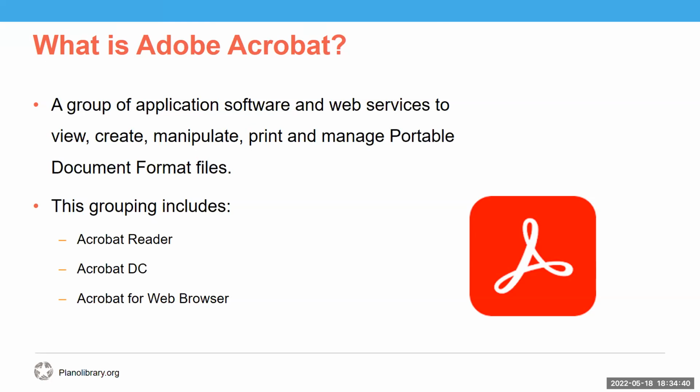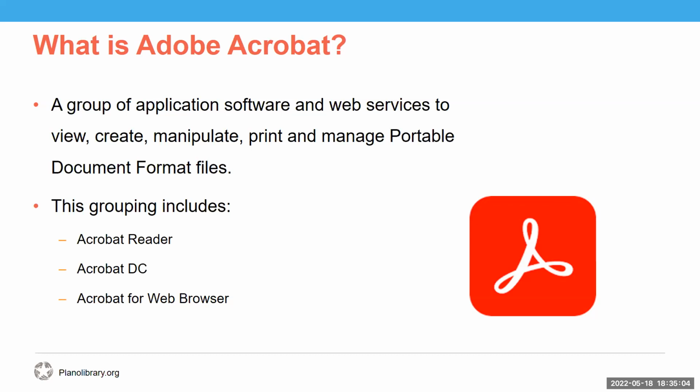Now, what are the differences between the three, and why do I mention all of them? Adobe Acrobat Reader is the free version from Adobe that allows anyone to download and use to view PDF documents. It allows for searching documents, adding comments, completing form fields, and digitally signing documents.